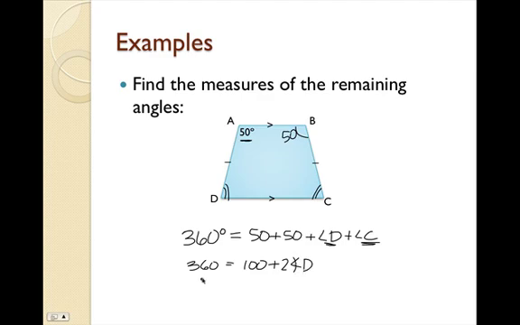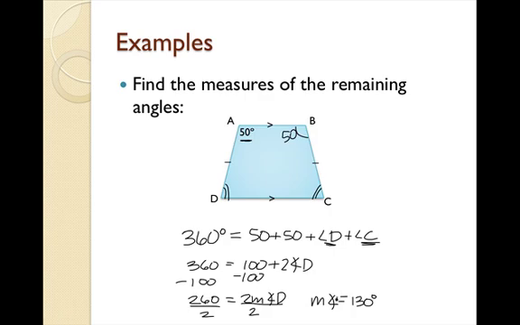Let's solve algebraically and subtract 100 from both sides. Now we know that 260 degrees equals 2 times the measure of angle D. If we divide both sides by 2, we see that the measure of angle D equals 130 degrees.